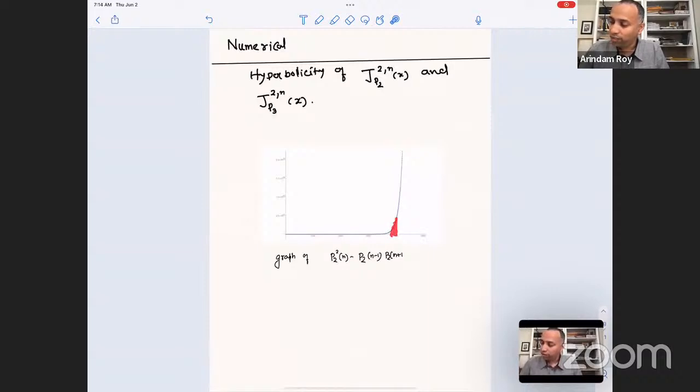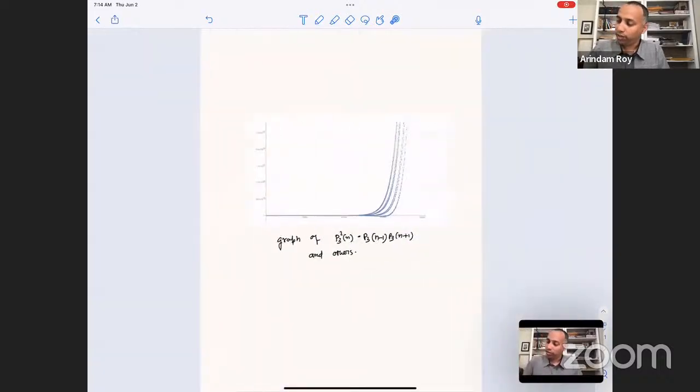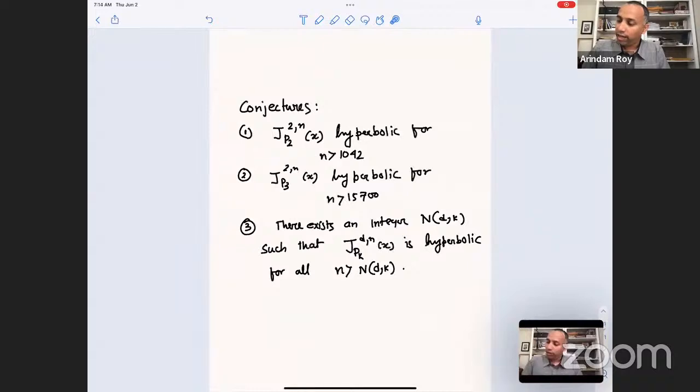By zooming in, we managed to find out that if you take any integer n bigger than 1042, then the power partition p2(n) is log concave, or in other words, that Jp2,n is hyperbolic.